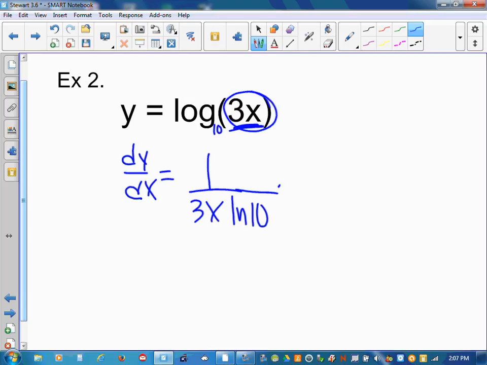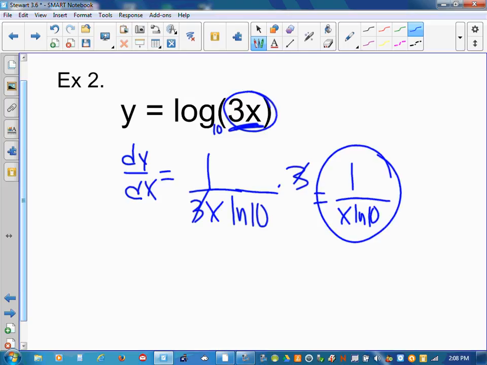The derivative of this inside function, of course, is 3. These 3's cancel, and I'm left with 1 over x natural log of 10. So it's kind of like that 3 never existed.